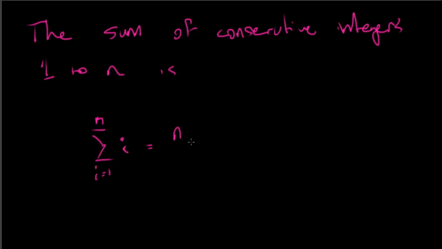It is n times n plus 1 divided by 2. There you go. That is the sum of consecutive integers 1 to n.